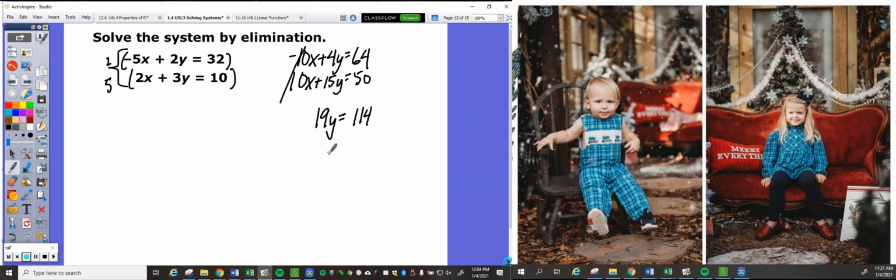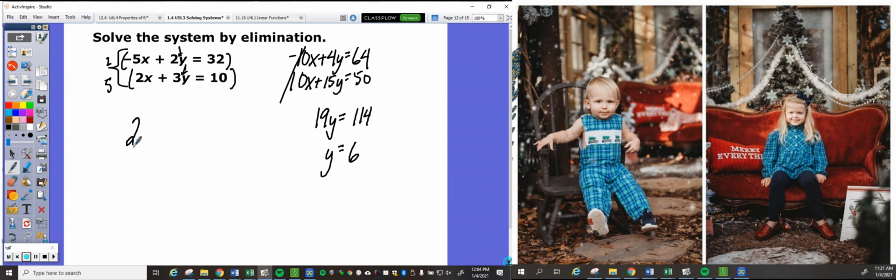So what did you get? Oh, you checked the bottom. I didn't do that. Tell me what you get then. It's 6. All right, so y equals 6. So I'm going to take this 6 and I'll plug it back either here or here.